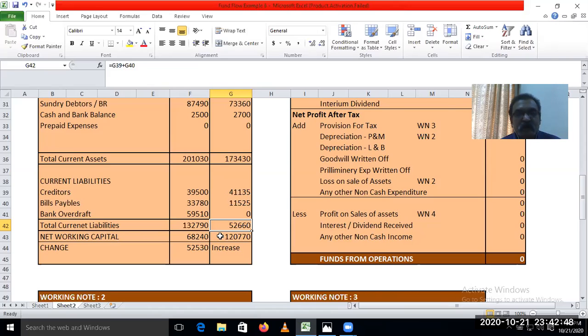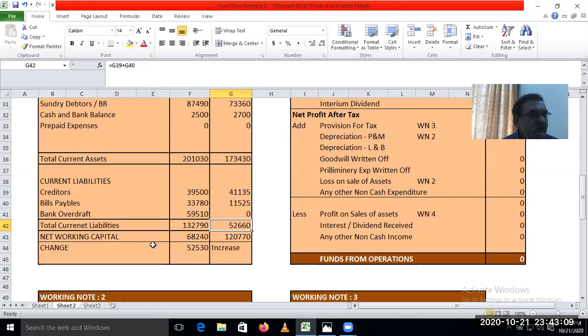Net working capital is equal to 1,20,770. We have to find out the change. 1,20,770 minus 68,240. Change is rupees 52,530. So here it is increased.